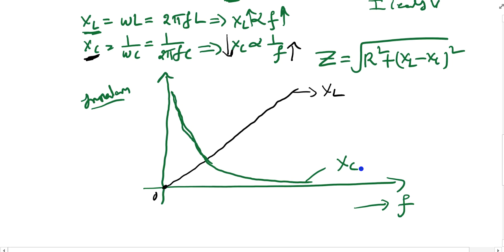This is the point I can call the intersection point, and at this point my XL is equal to XC. Can I say XL is equal to XC? That is the point. But what about my R? R is independent of frequency, isn't it?